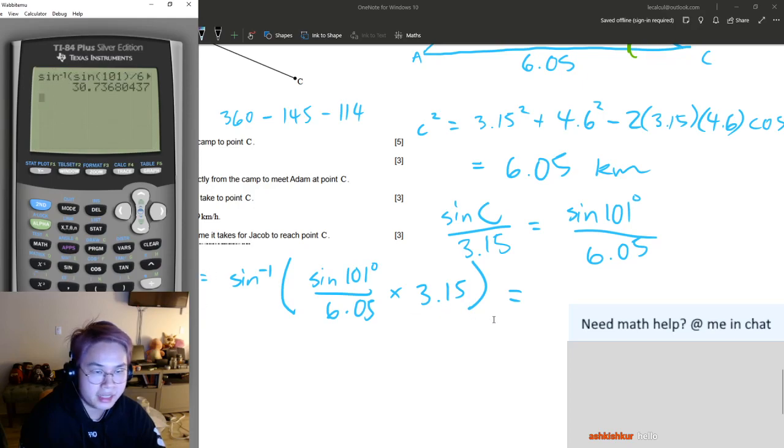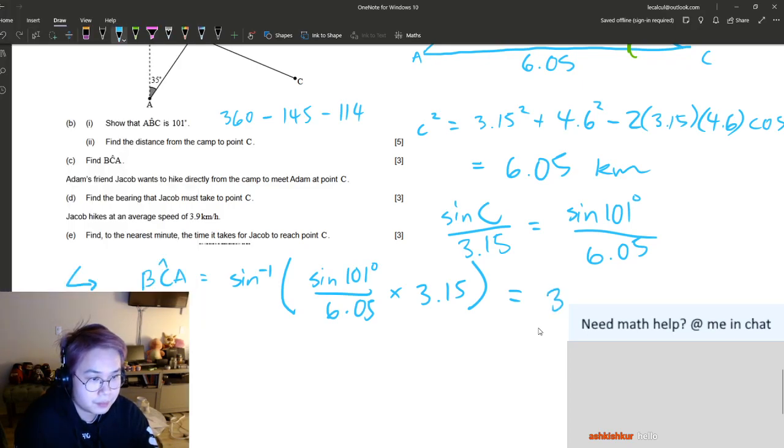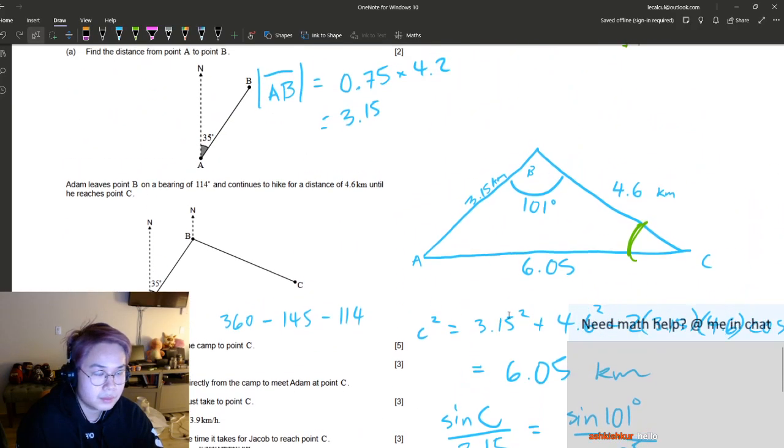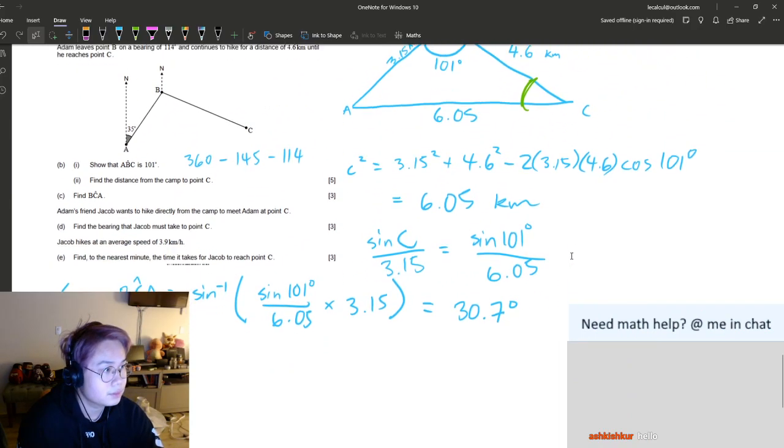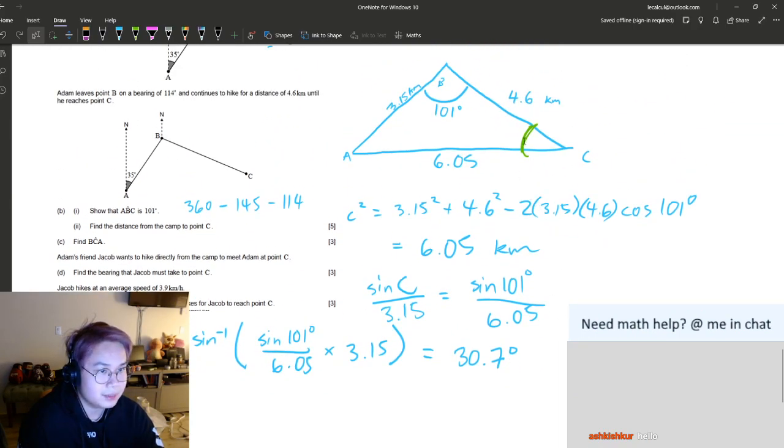So that angle is 30.7 degrees. So I'm going to go back to my diagram and I am going to add that in.